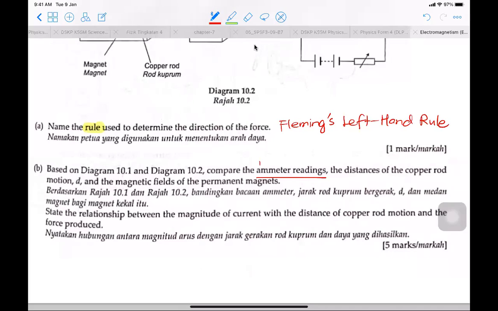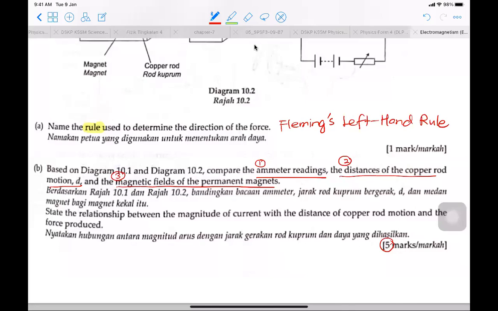This one is number 1. Compare the distances of the copper rod motion D. This one is number 2. And then number 3, the magnetic fields of the permanent magnets. This one is number 3. That is only 3 points. We have 5 here.